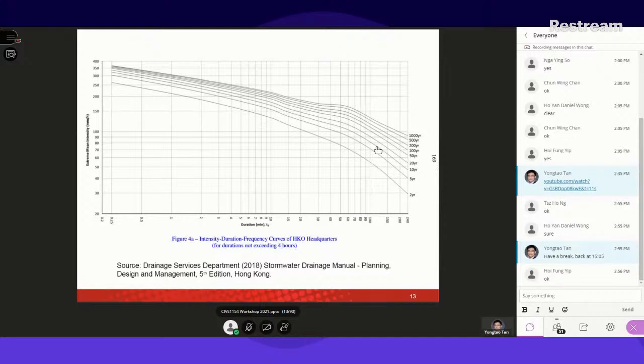However, there are some variations. For example, Tai Mo Shan has higher annual rainfall, more than 3,000 millimeters, and some areas, such as North District, have relatively lower annual rainfall.